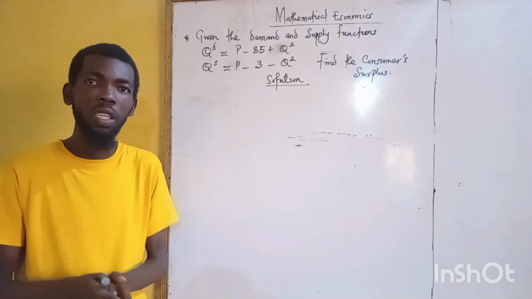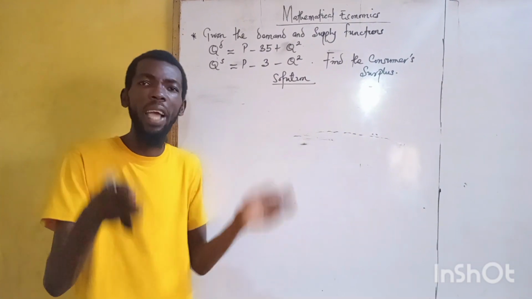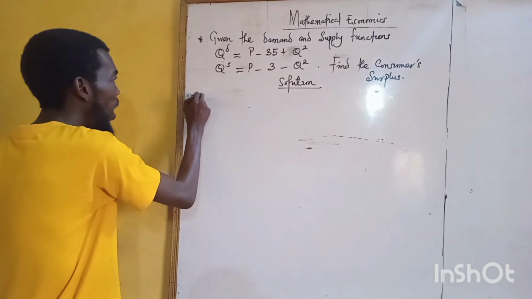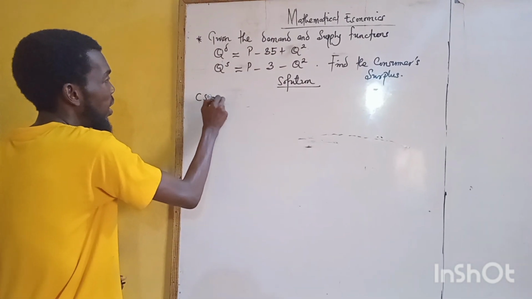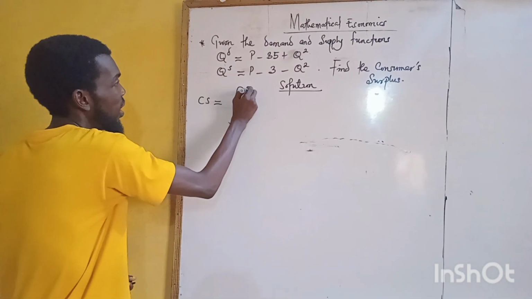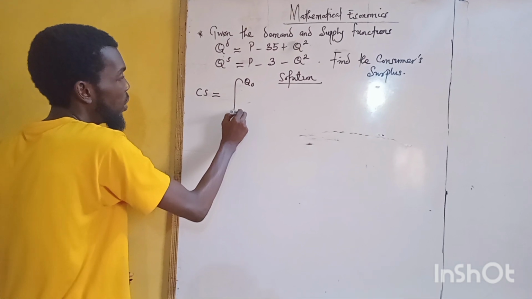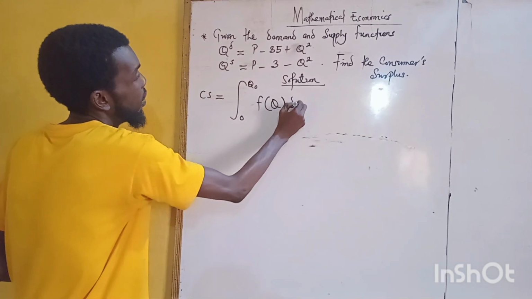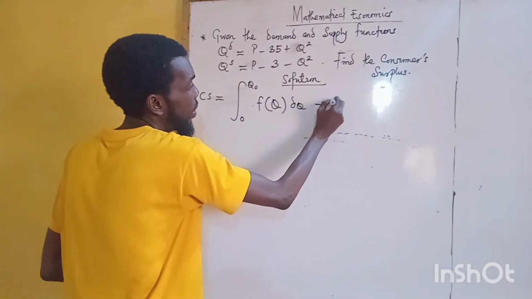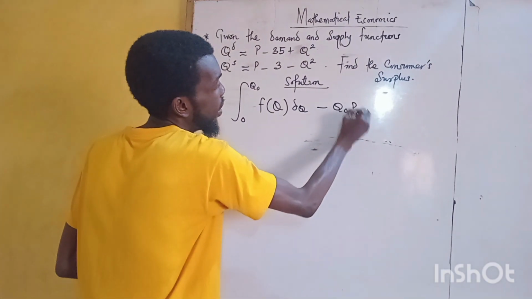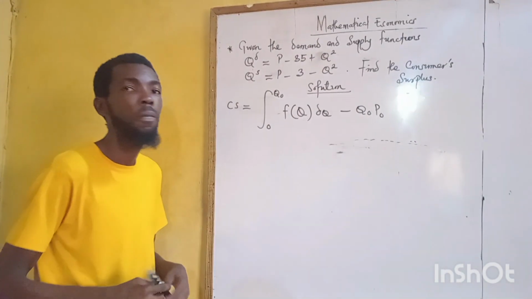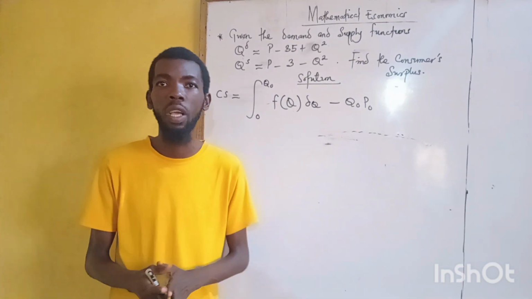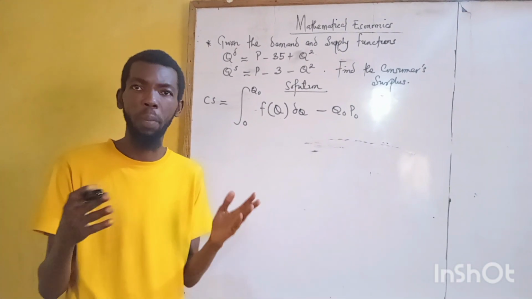The first thing we need to do here is to write the consumer surplus formula. And so the formula is given by CS equals the integration from Q naught to 0 of D. Now, having done this, the first thing we need to get is Q naught and P naught.